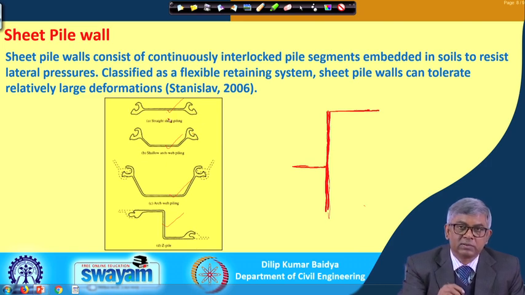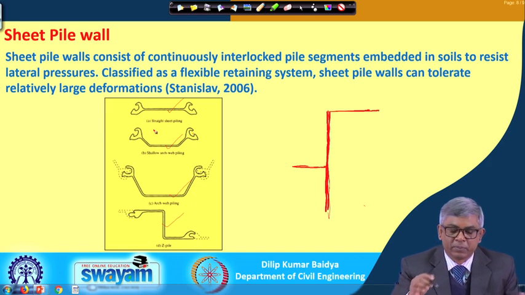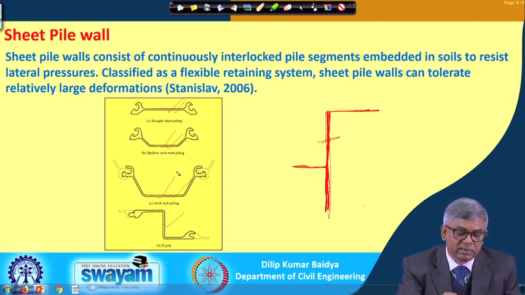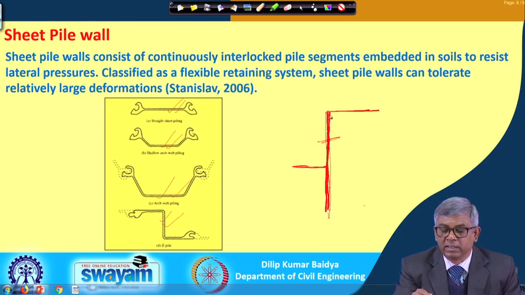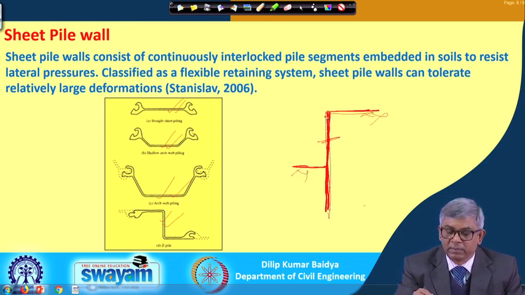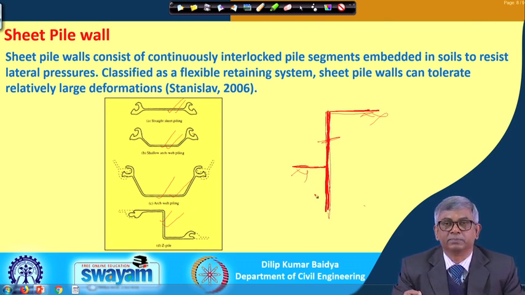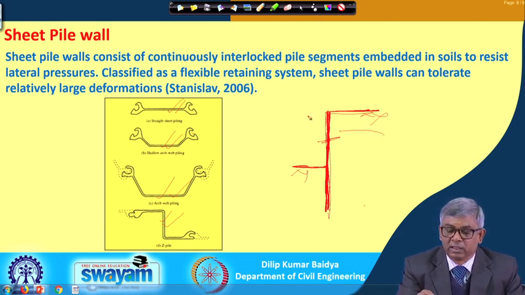So, this is the cross section, and perpendicular to the plane will be the elevation. This is the length required, and this will be embedded. If I cut here, I may see this, or this. If this is the ground mark, and this is again the ground mark, and it is a thin sheet like this, then because of the pressure it will deflect something like this.